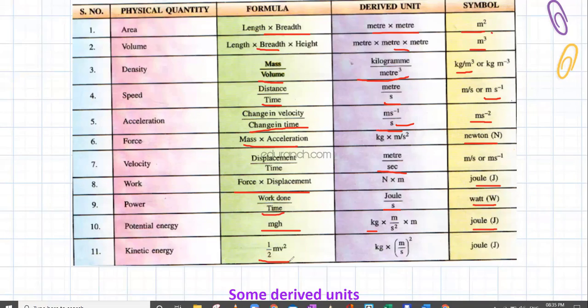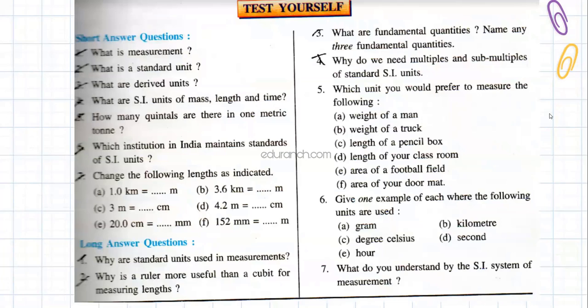Kinetic energy is half of mv square, where kg into m by s whole square is our derived unit and the symbol is joule. Now, we are not going to use all these formulas now, but for your reference, I have just shown you the different formulas, derived units and symbols we have.